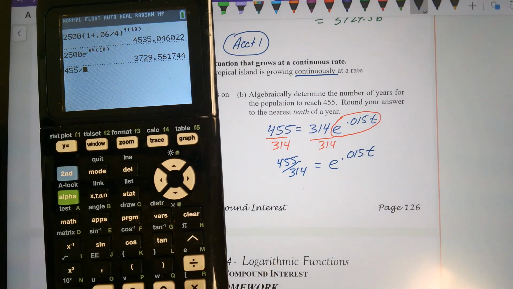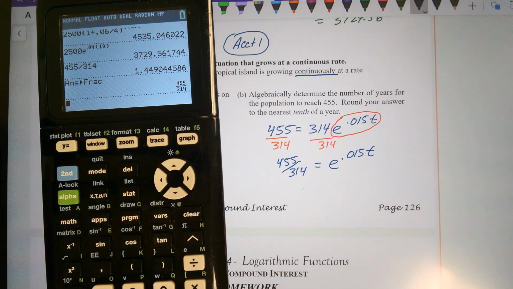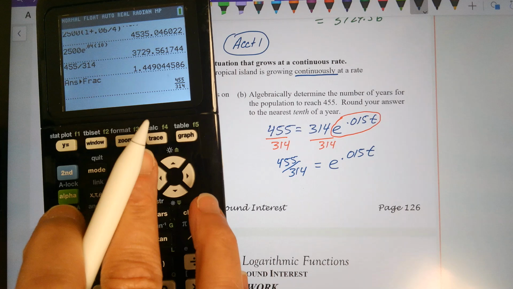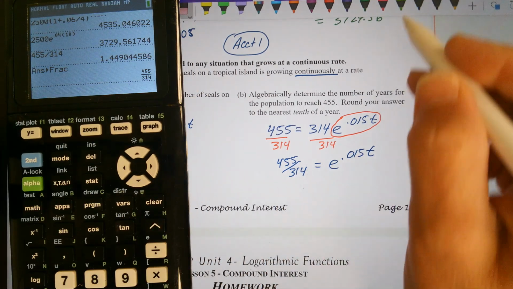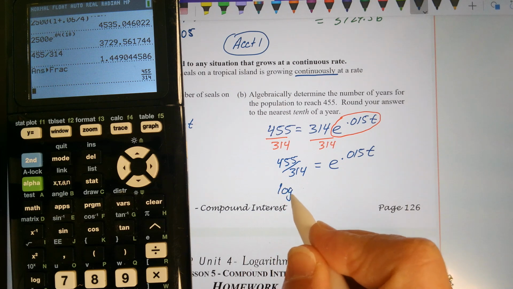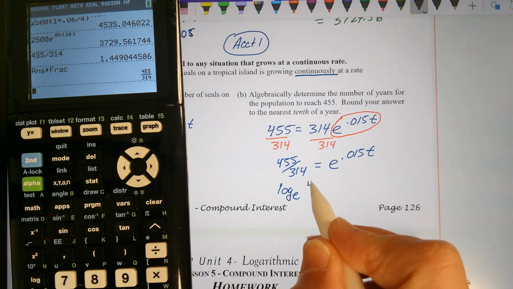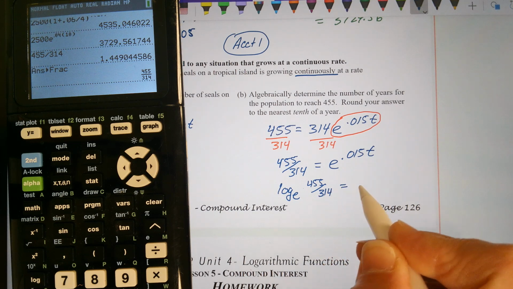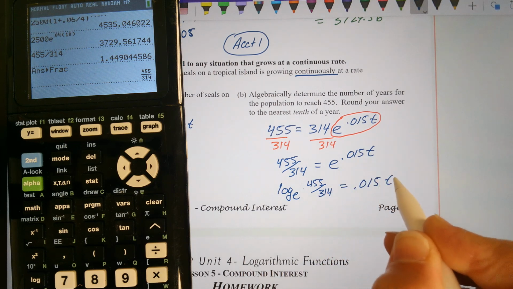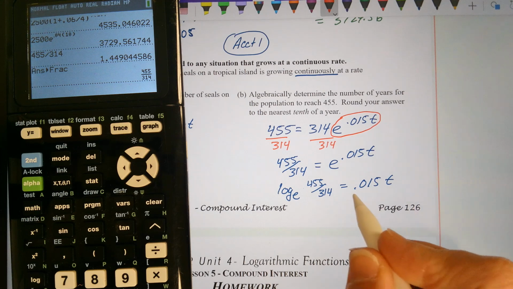Let's see if that fraction reduces. It does not. Switching to log form, log base e of 455 divided by 14 equals 0.015t, and divide by 0.015.